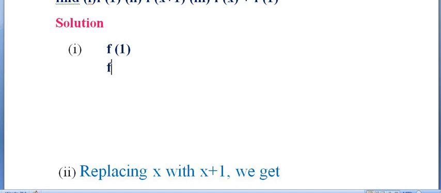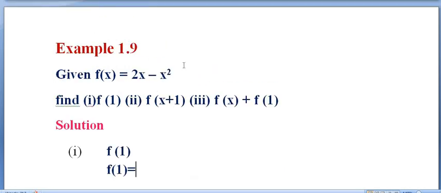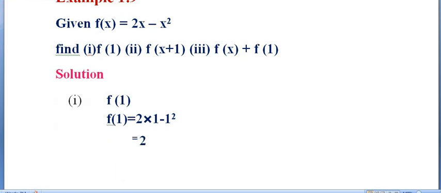So f of 1 equal to, we have the equation 2x minus x squared. So 2 into 1, because the value of x is 1 here, minus 1 squared. Now 2 into 1 is 2, minus 1 squared.